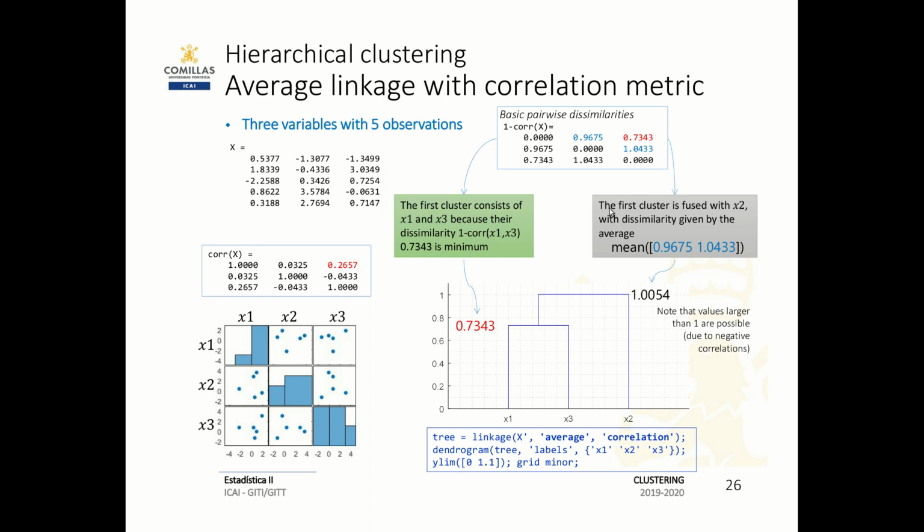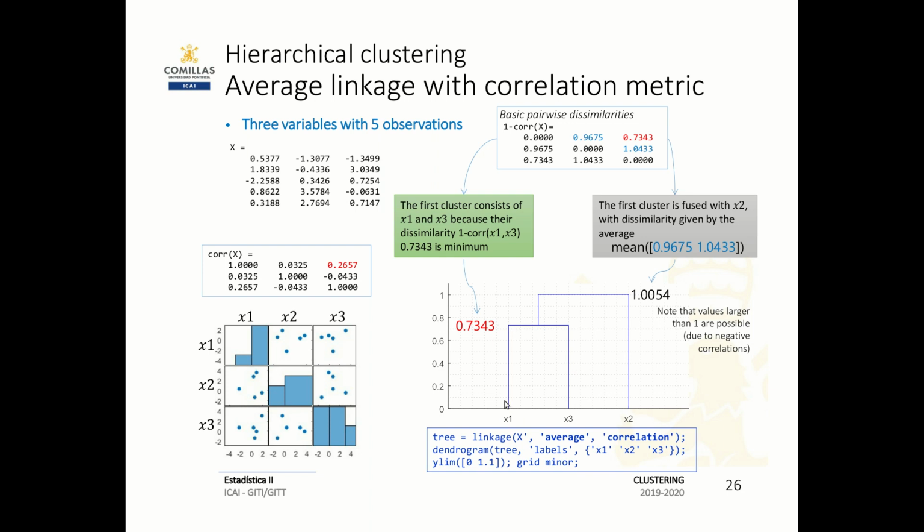So x1, x3 has a dissimilarity of 0.73, and the rest of the dissimilarities are higher. So x1, x2 or x2, x3, they're higher. And so x1 and x3 come together at a height of 0.73.